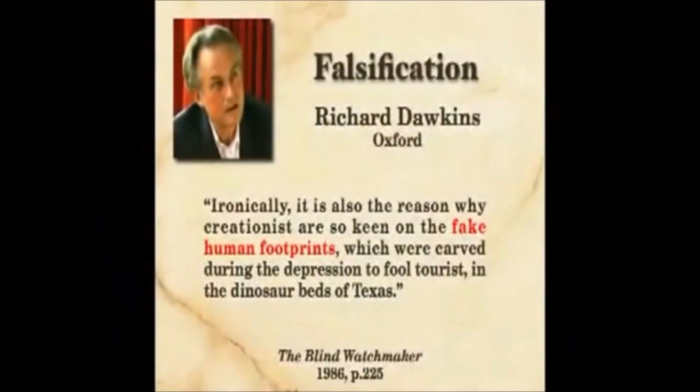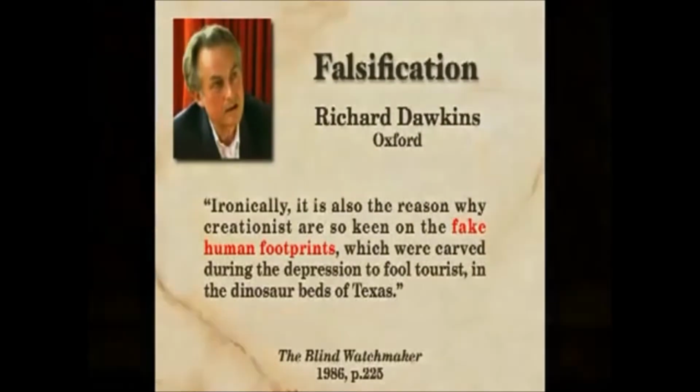But he goes on in this discussion of what would test and falsify evolution, saying, ironically, it's also the reason why creationists are so keen on the fake human footprints which were carved during the Depression to fool tourists in the dinosaur beds of Texas. So he's heard about our work down at Glen Rose all the way from Oxford.